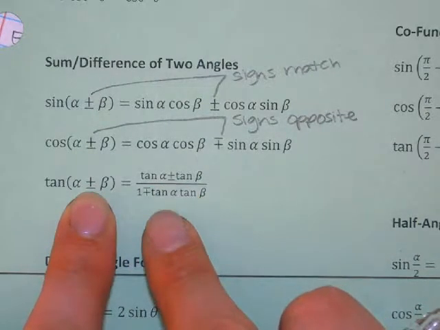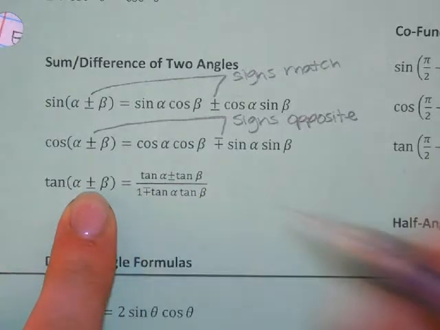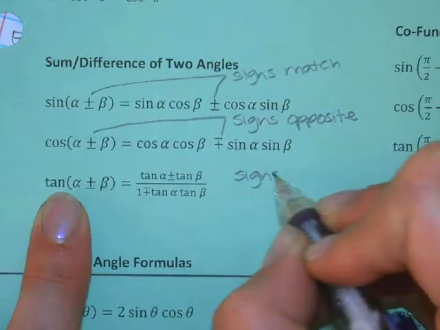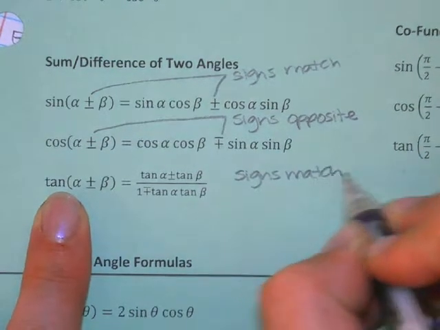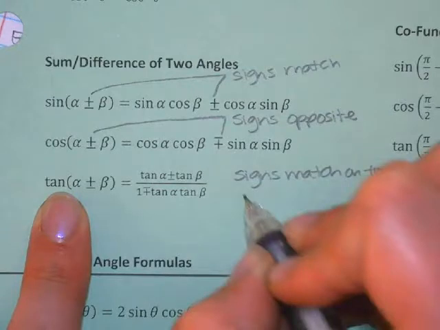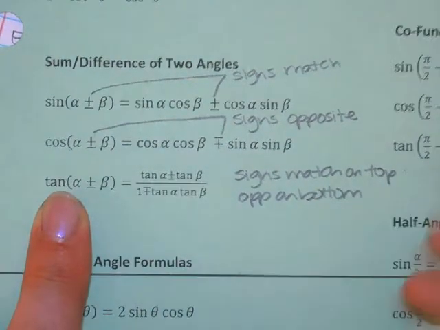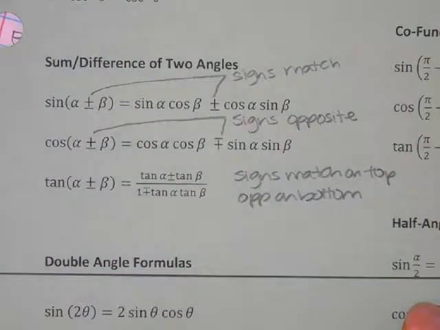They're opposite on bottom. So I'm going to say signs match on top, opposite on bottom. They match on top, they're opposites on the bottom.